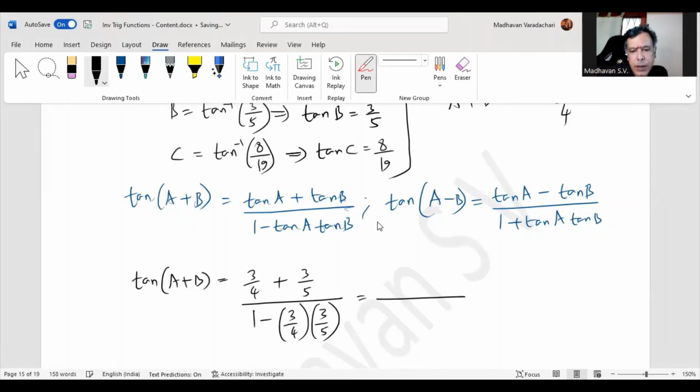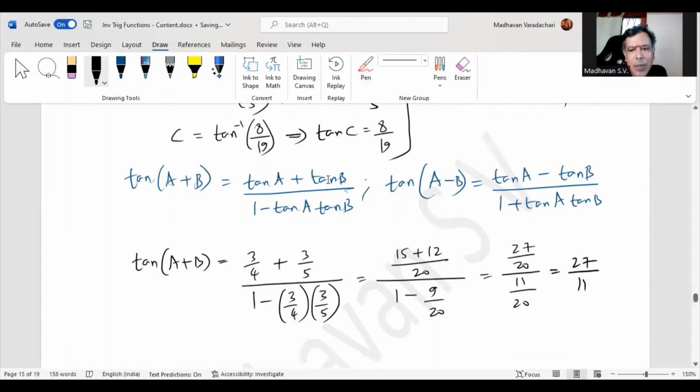So the denominator will be 1 minus of 9 by 20. Numerator's LCM is 20. So here we will have 15 and here we will have 12. So this will become 27 by 20 divided by 11 by 20. So that will give us 27 by 11. That is our tan of A plus B.